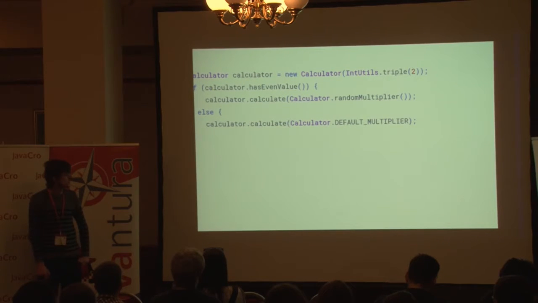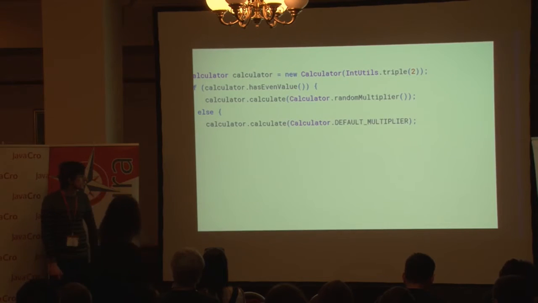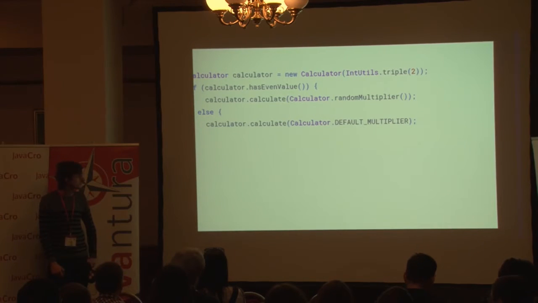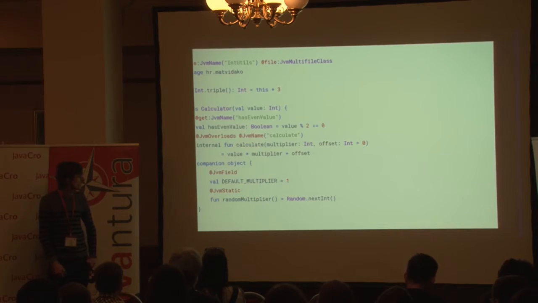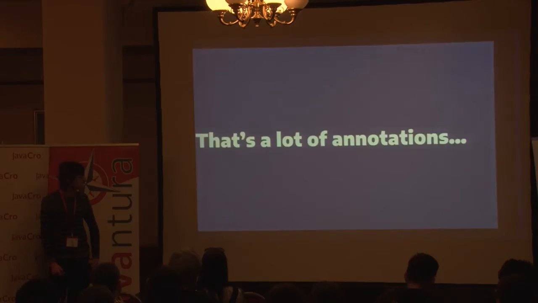So here is the final Java code after all those changes. As you can see now, it's not as ugly as before. And here is the final Kotlin code, and unfortunately, yeah, Kotlin code is now a bit uglier.